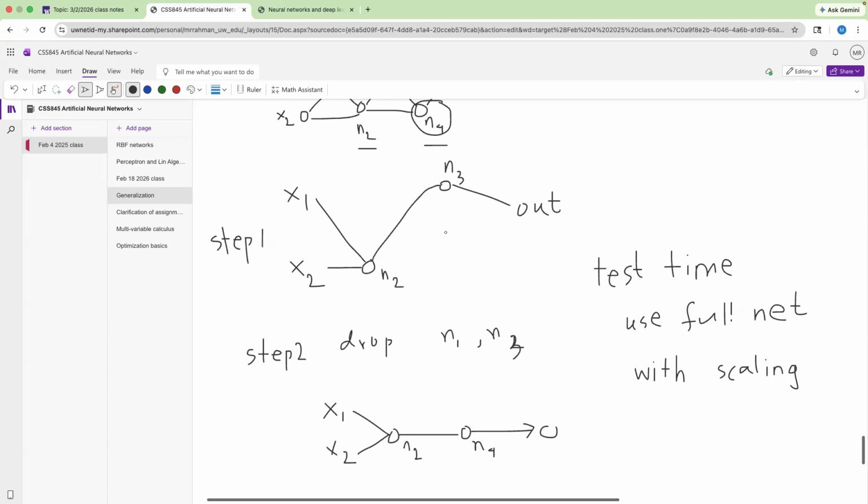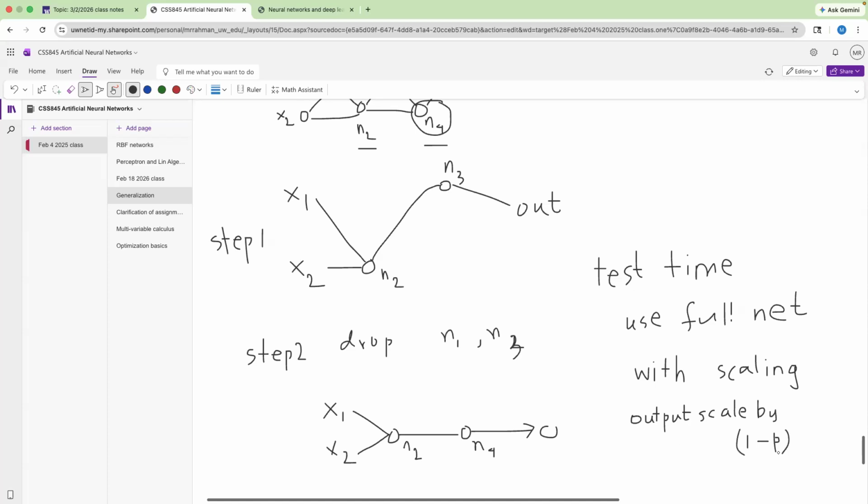So that would be proportional to P, right? So there would be a scaling factor here. So at this time, the output that you get, you scale by the value 1 minus P, right?